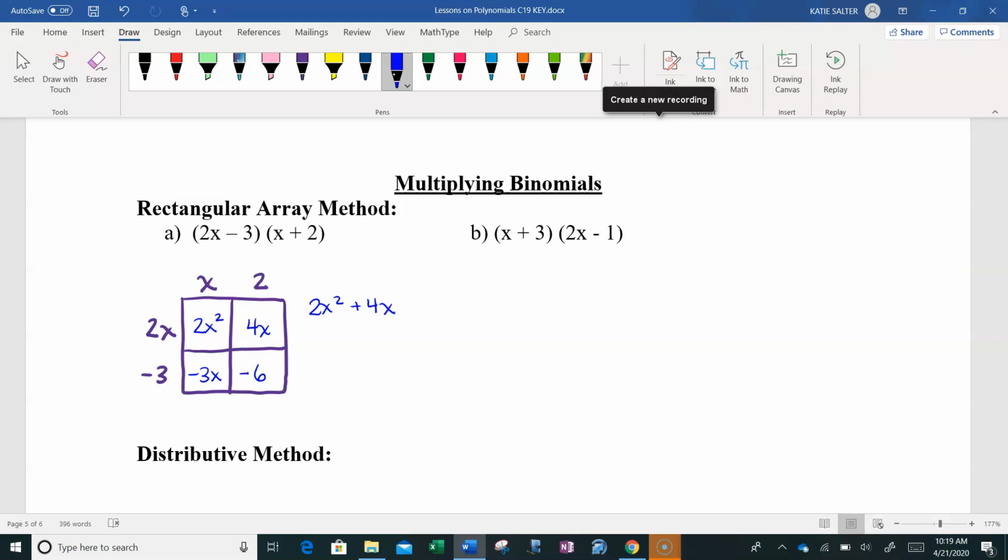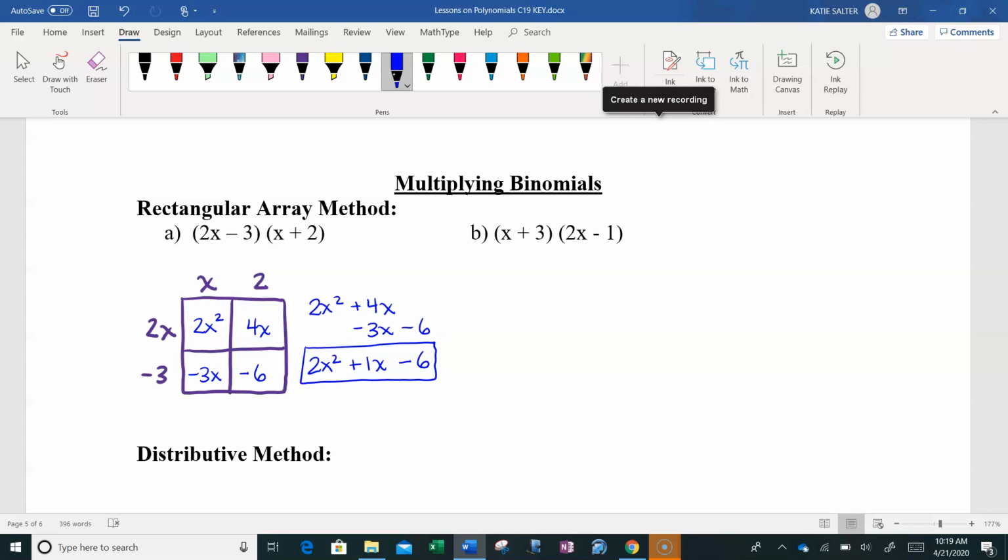And then I'm going to copy my next row, but when I do it, I'm going to line up my like terms. So I'm going to put negative 3x minus 6. Then all we have to do is add them together, and we only have 2 terms here that are like terms. So 4x take away 3x is positive 1x, or you can just say plus x minus 6. And there's your final product, and you've multiplied those 2 binomials together.